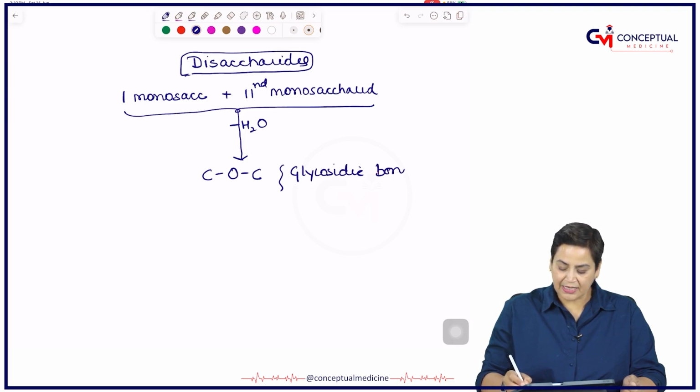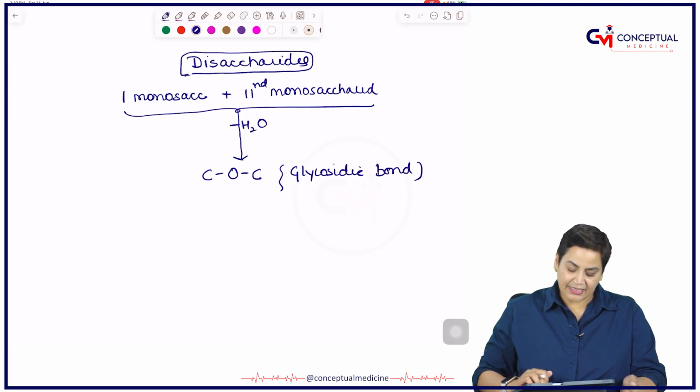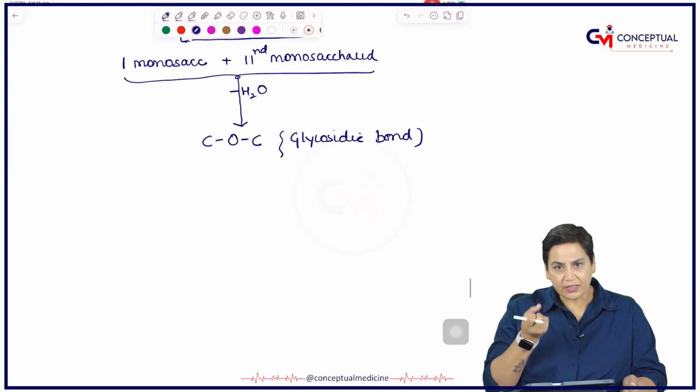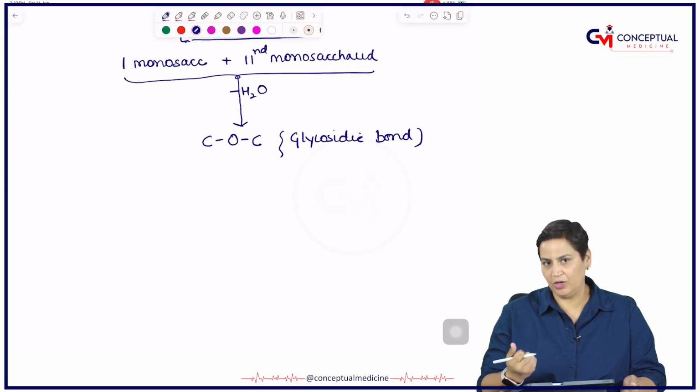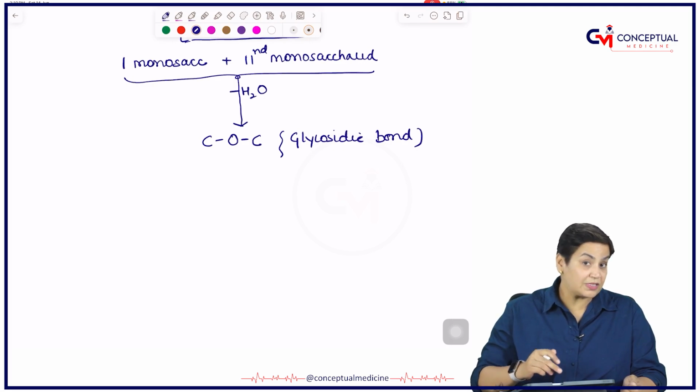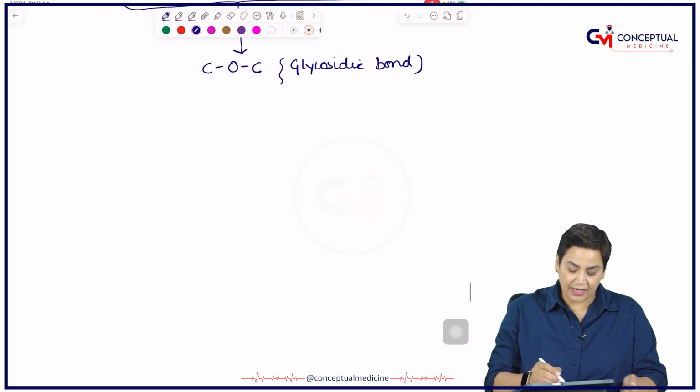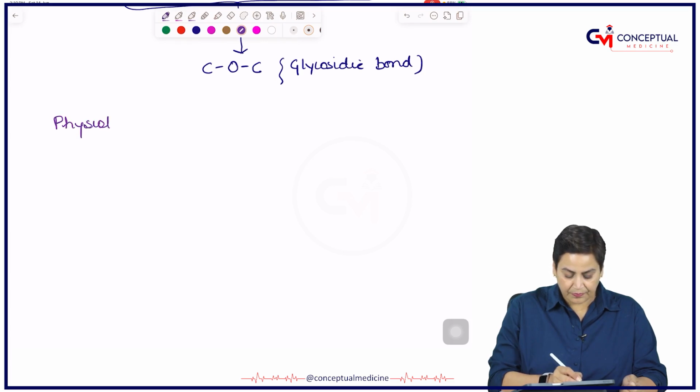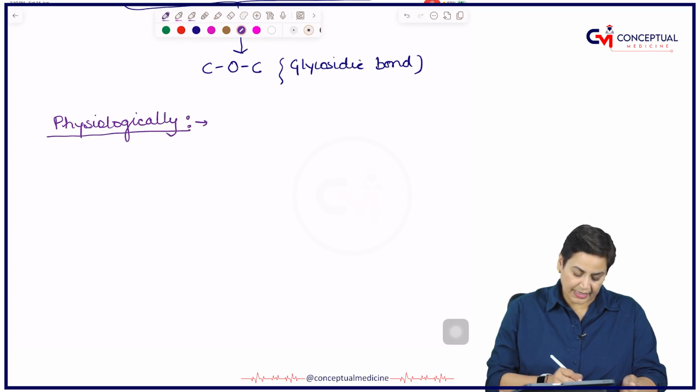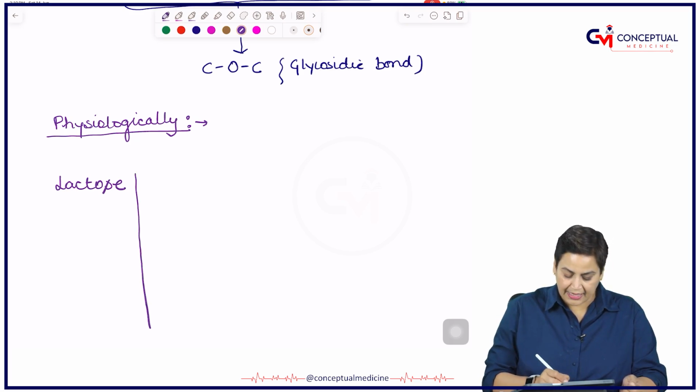So that is what exactly happens. Disaccharides are the ones formed by the condensation of two monosaccharide molecules. If we talk about the physiologically important disaccharides, the first one is lactose. Lactose, we all know, is known as milk sugar.